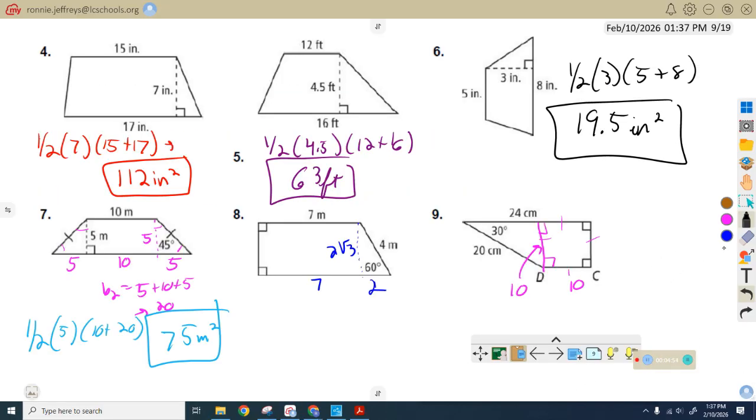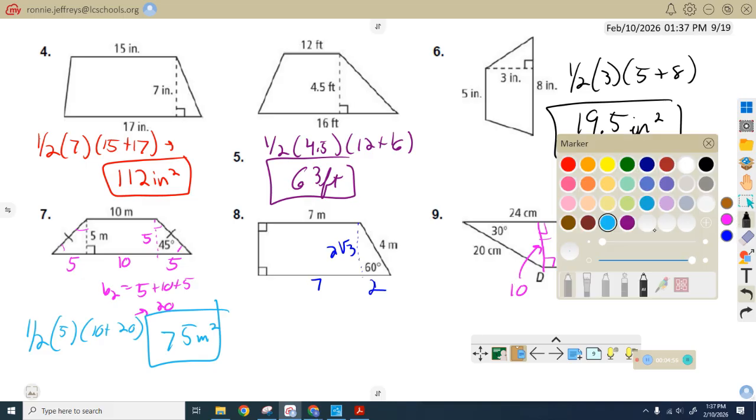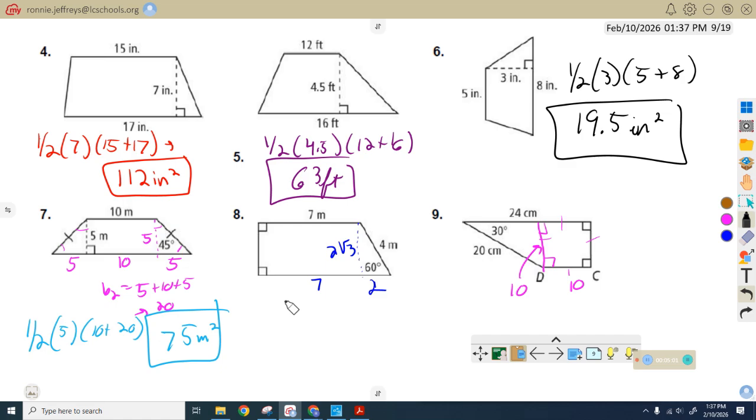Kind of jumping back in, we're going to look at number 8 right quick because we have to do some things that's not really covered so far in geometry. So 1/2 times 2 root 3 times 16.